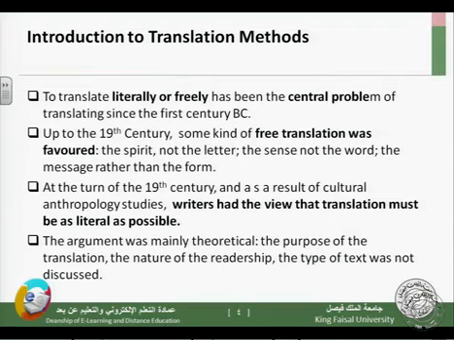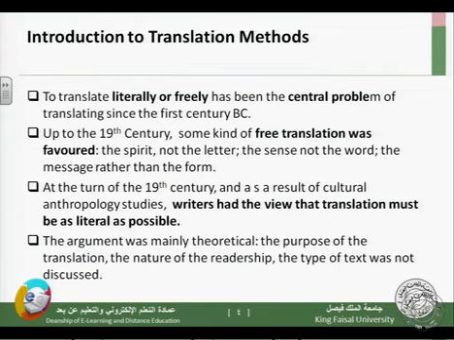Then, up to the 19th century, the free translation was favored. People, since the beginning until the 19th century, writers, translators, preferred free translation. It means you are free to translate.